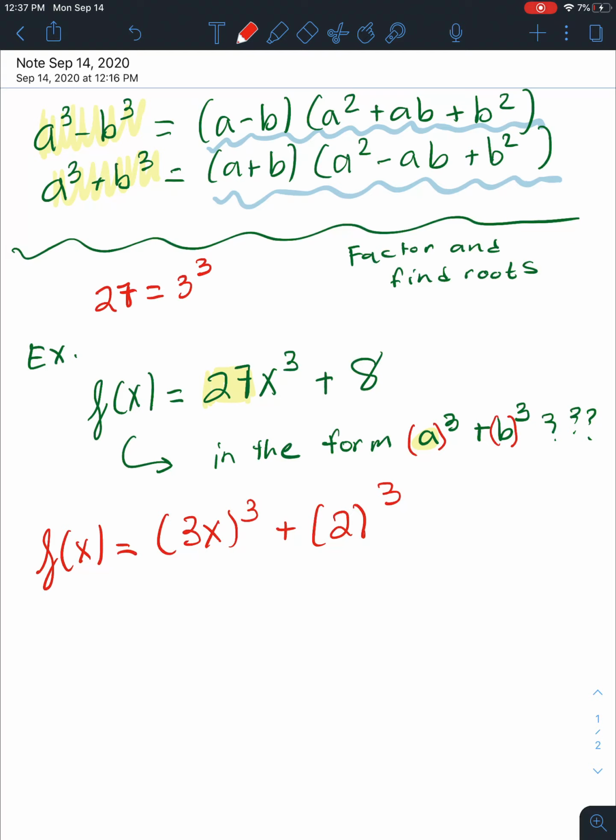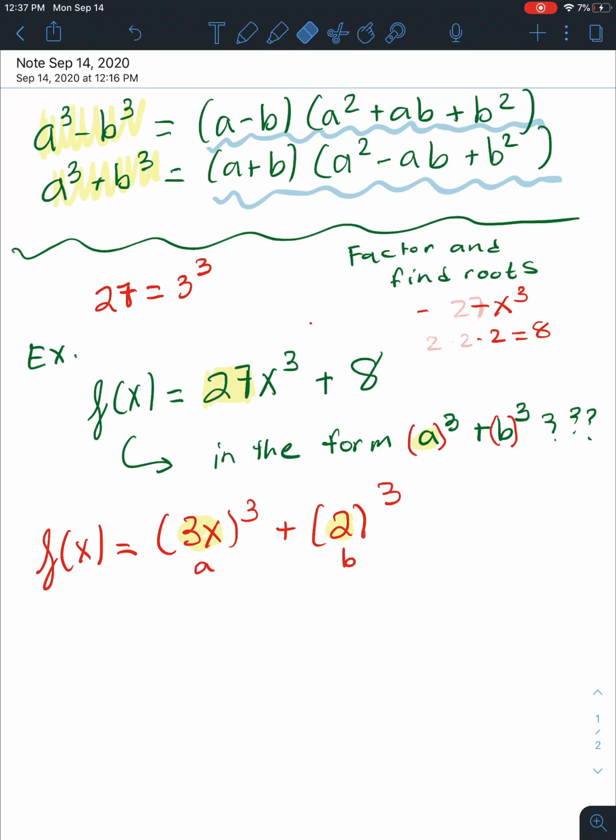And if you don't believe me, you can just do 3x times 3x times 3x, and you will see that you get 27x cubed. If you do 2 times 2 times 2, you see you get 8. So this form now looks the same as a cubed plus b cubed. So this term right here is our a, and this term right here is our b.